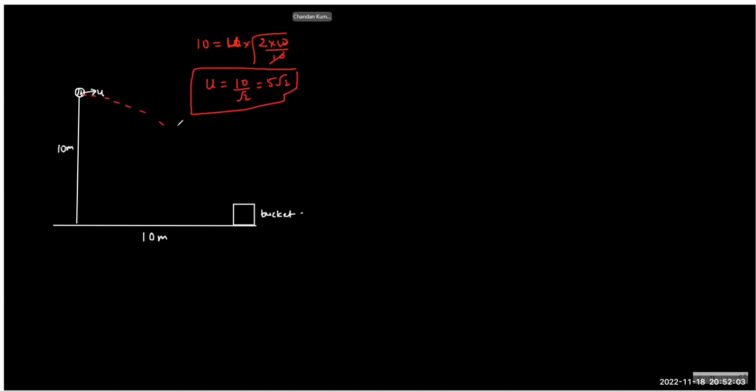And now the question is, when it falls in the bucket, with what speed will it hit the bucket? Find the v. So v is how much? What is v?